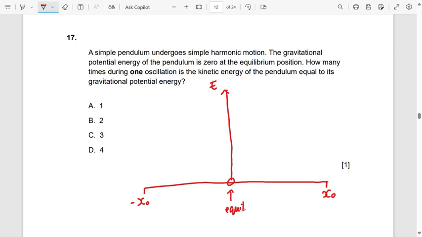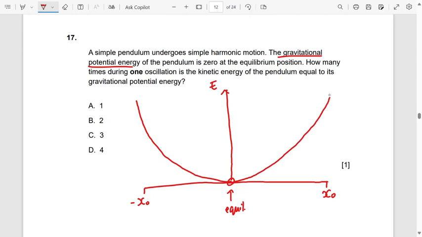Okay, so let's look at the GPE first of all. The gravitational potential energy of the pendulum is 0 at the equilibrium. So let's put that in red. Then it's going to rise, and hopefully you recognise this graph, until it's at amplitude. And then it falls, and then it rises, and it just goes back and forth.